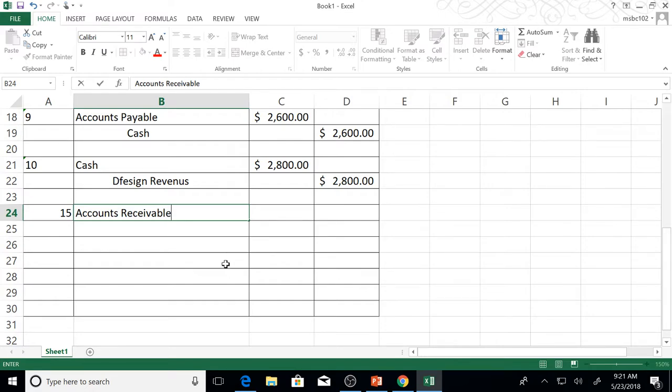All right, I got it correct. Accounts receivable, for how much? For 9,600. Yeah, that's what it is. 9,600, and then design revenue, 9,600.